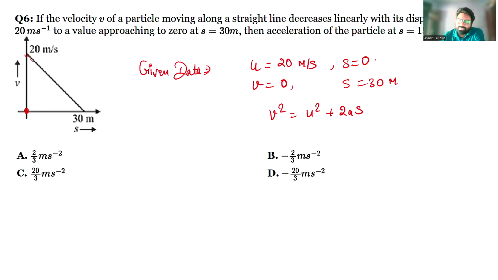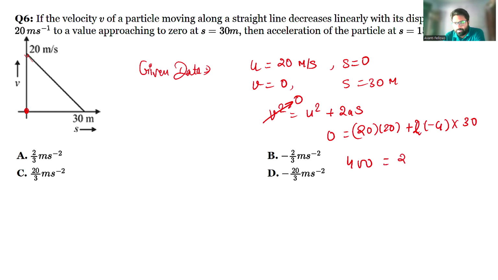So we are applying the equation from 0 to 30 meters, so finally the velocity will become 0. u square is 20 into 20 plus 2 times minus a, because the velocity is decreasing, multiplied by 30. Now this becomes 400 equals 2 into 30a. Tens cancel out, 20 by 3, minus 20 by 3 is the value of acceleration.